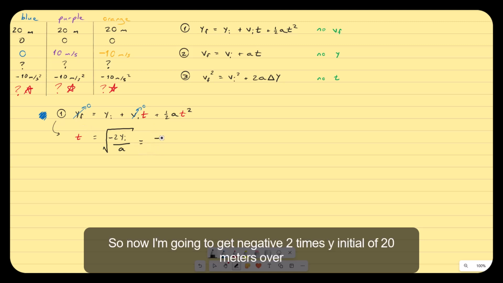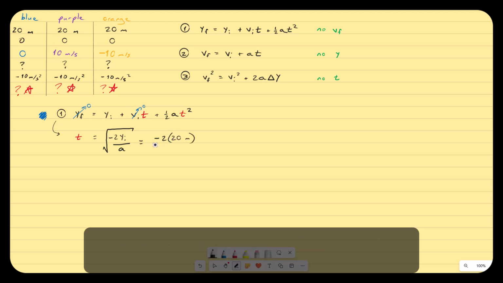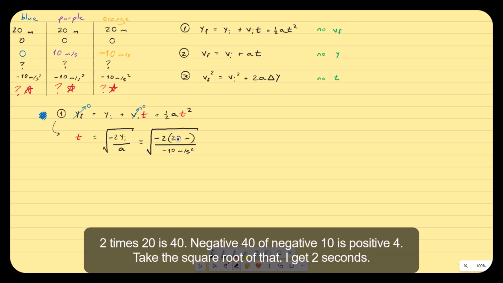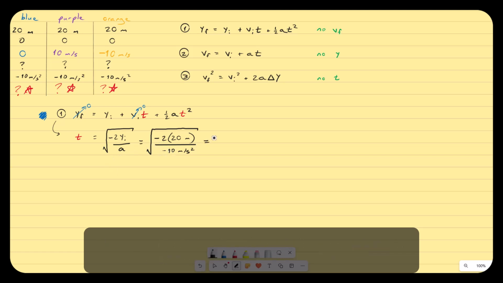So now I'm going to get -2 times y initial of 20 meters over -10 meters per second squared. 2 times 20 is 40. -40 over -10 is +4. Take the square root of that, I get 2 seconds. So the time for blue is going to be 2 seconds.